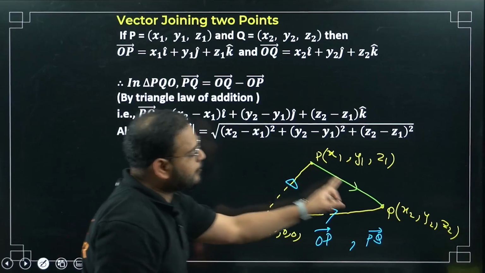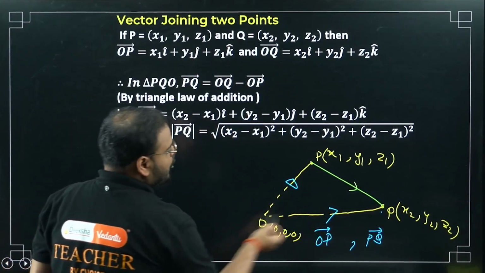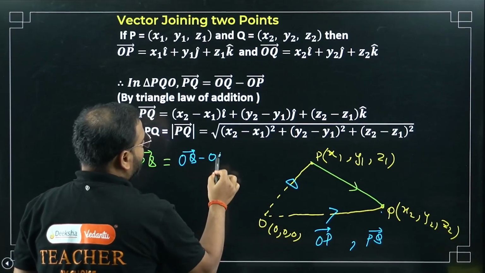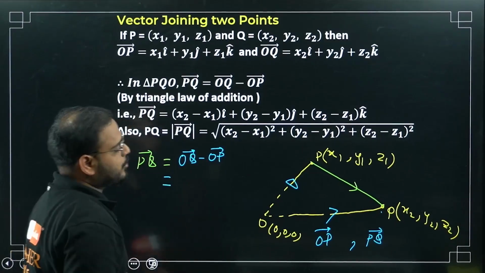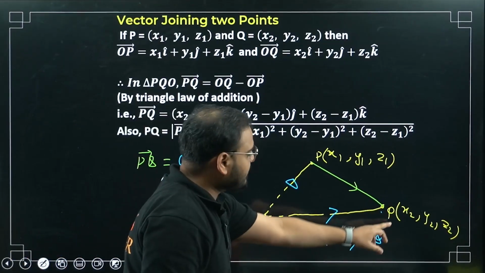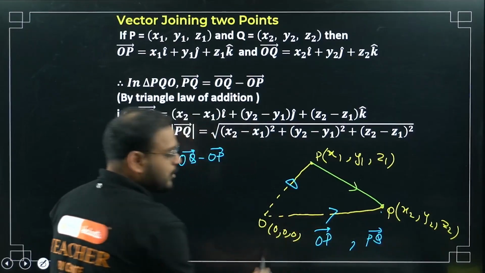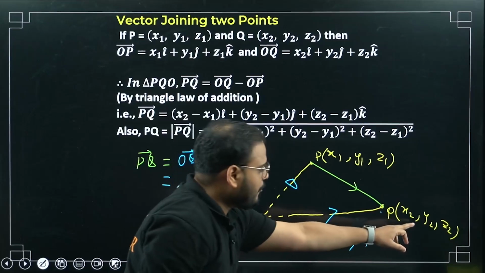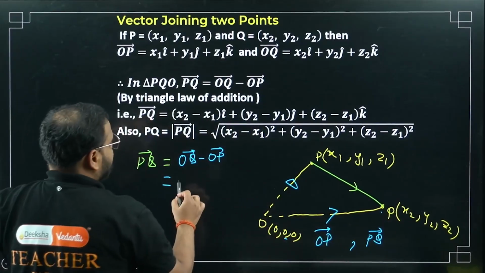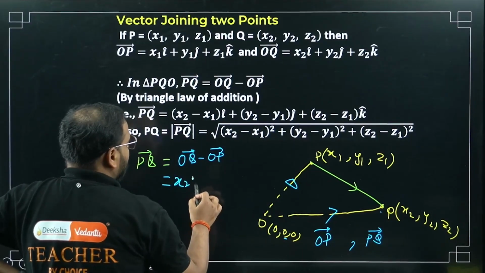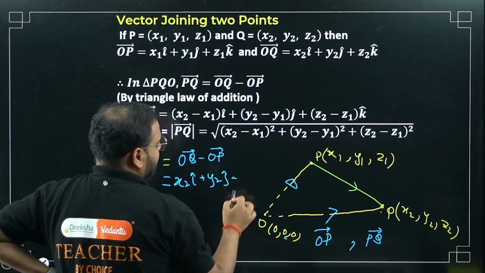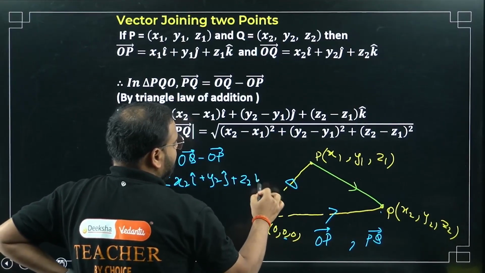So you have to find the value of PQ. How will you find it? OQ vector minus vector OP. What is vector OQ? You write it with respect to x2 minus 0, right? So x2 i cap, y2 minus 0 means y2 j cap, and z2 k cap.